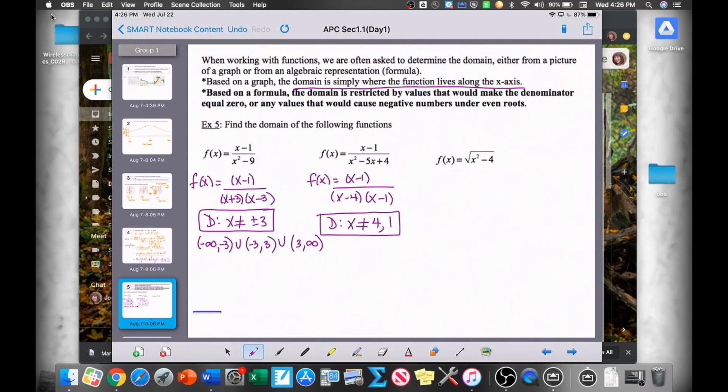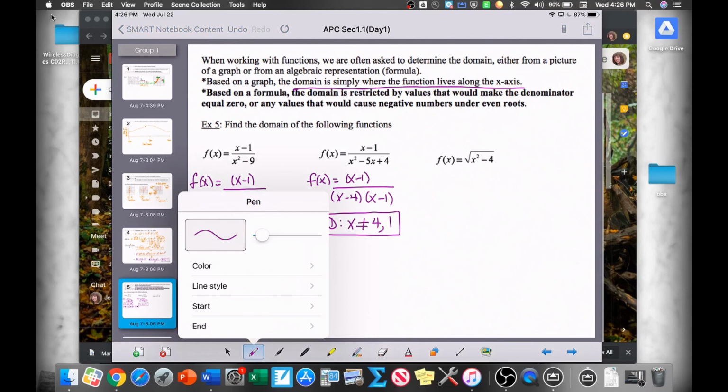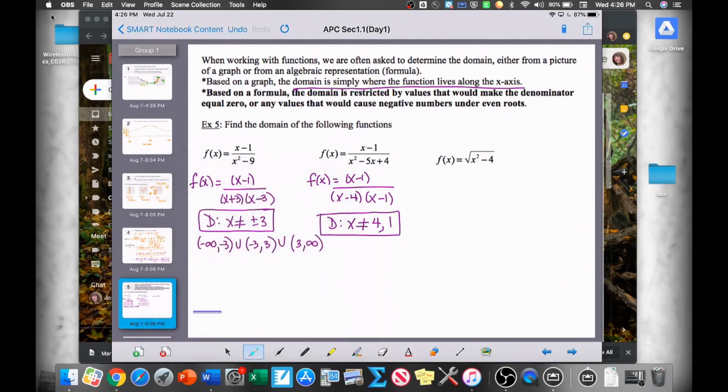But before we move on to the next example, I want to draw your attention to something because this is something that we're going to see again and again and again. We have a situation here, okay? And this doesn't really affect the domain, but it does create a situation when we think about our graph, okay? We have the same family, x minus 1, appearing in the numerator and in the denominator of our function.